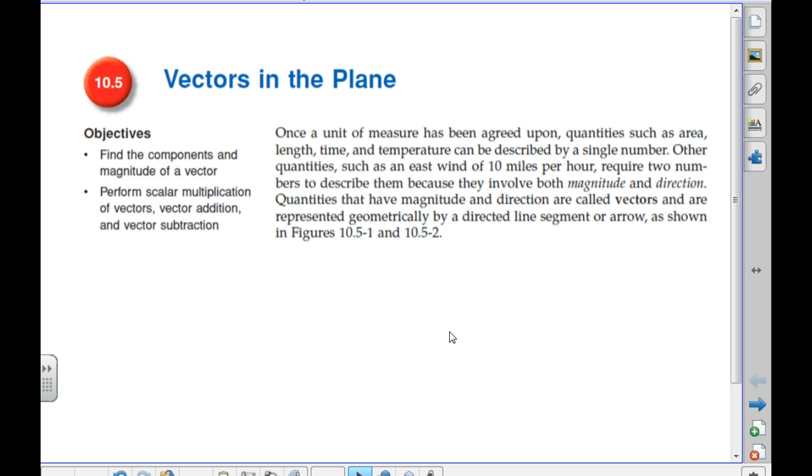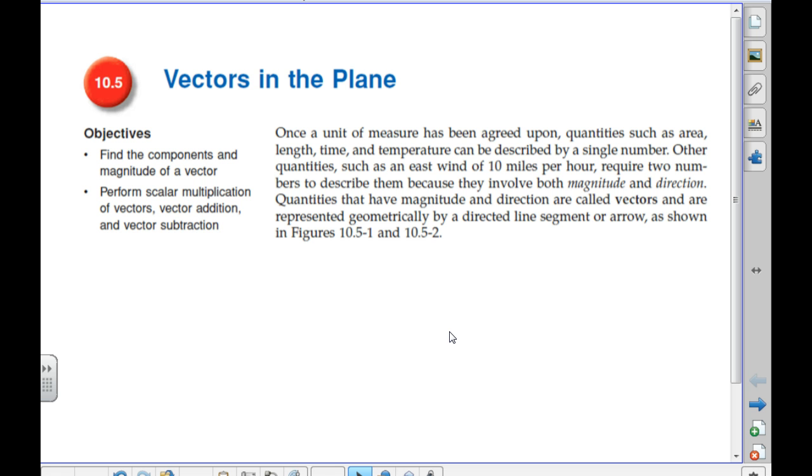A vector is different than the numbers that we usually talk about, okay? Units of measure, once we've agreed on the units, you can represent them with a single unit. Things like area, length, time, and temperature, okay? You can give a single unit, and then you add a label, but it doesn't include direction. Things that need to have direction need a magnitude and direction.